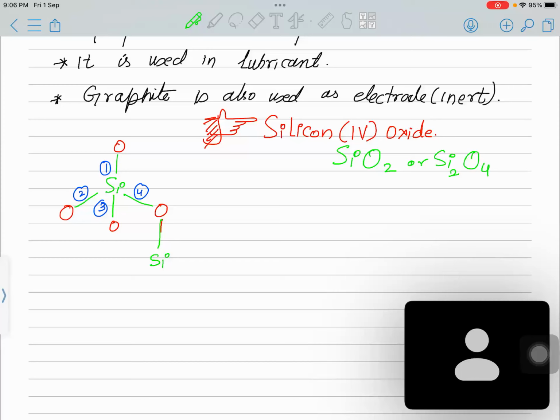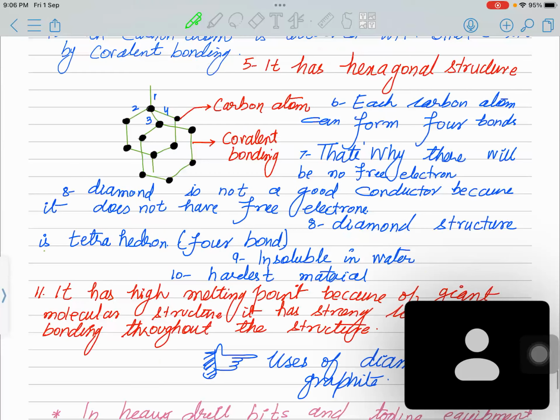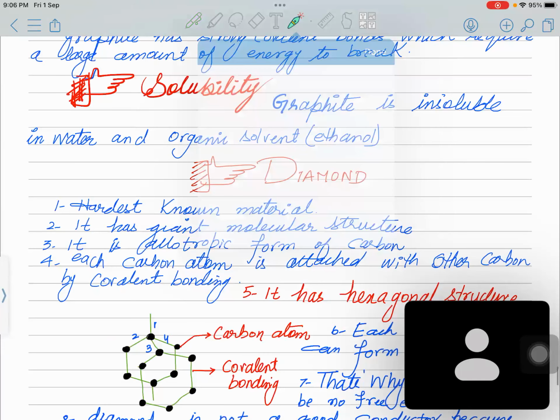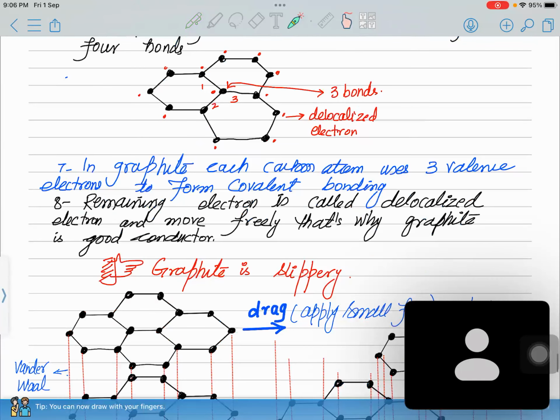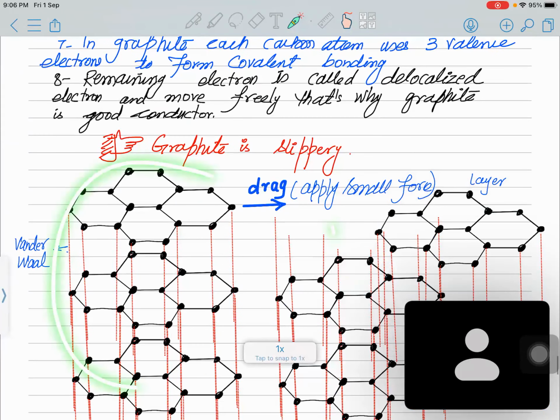So giant covalent means you have covalent bonding throughout the structure. For example, as we discussed last time, this is graphite, and you have a giant structure with covalent bonding throughout.